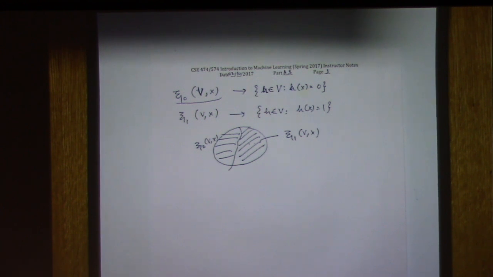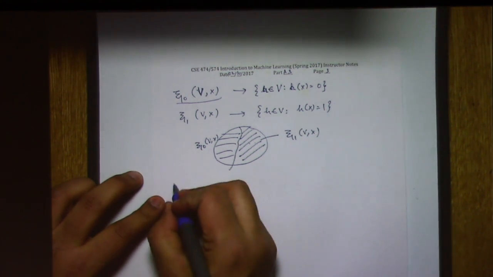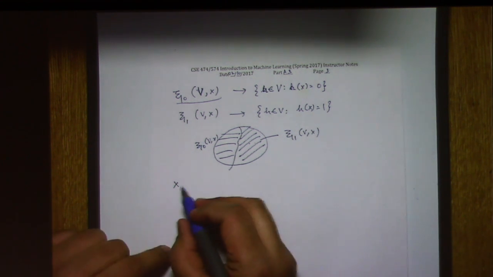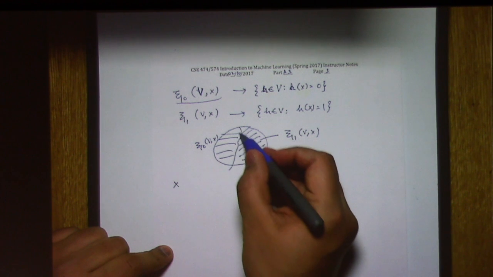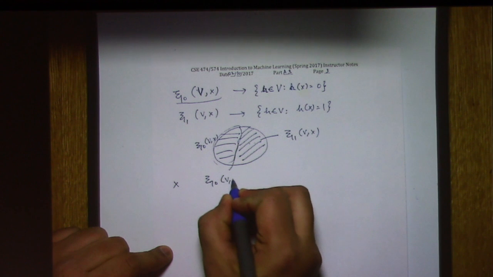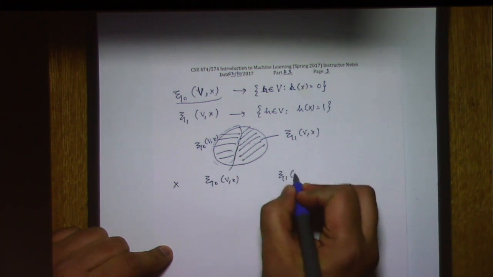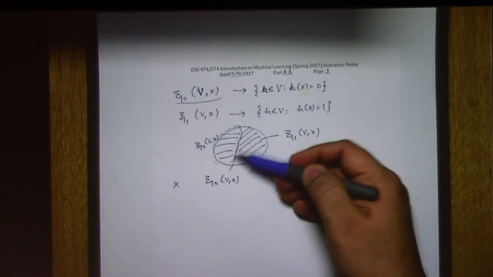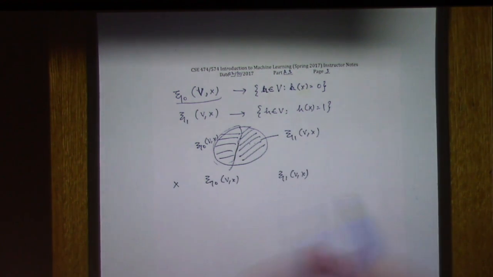So what does the halving algorithm do? At any iteration of that online learning, it looks at a new x and finds out what this set is and what this set is. The way it does this is it takes every hypothesis inside here, applies it on x, sees if it is 0 or 1, and constructs these two sets. These will be disjoint sets, of course.